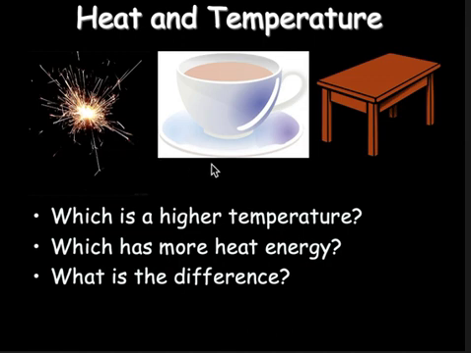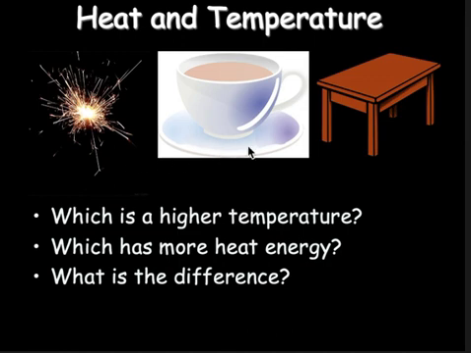But which one of these has got the most heat energy? What we mean by heat energy is the amount of energy in the vibrations or movement of all of the particles. If I just look at one individual little sparkle, one of these little iron filings, although it'd be really, really hot with the particles moving really fast, it's only one small piece, so it wouldn't have that much energy.